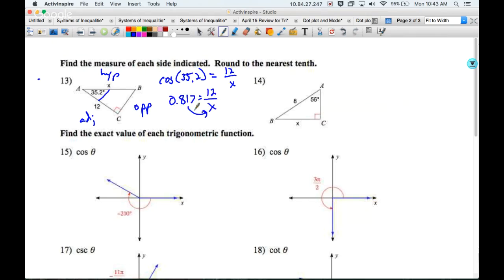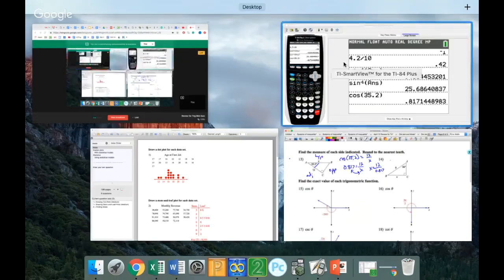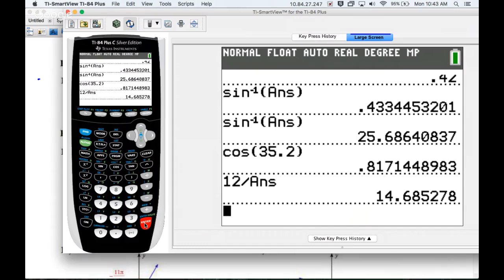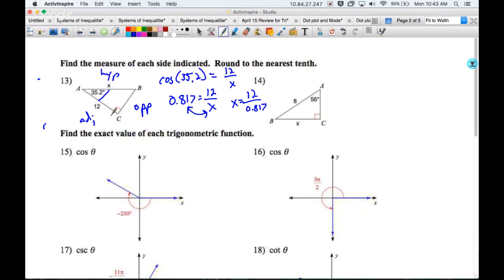Swap these two numbers, get that x equals 12 over 0.817. I've got that number still in my calculator, so I'll just do 12 divided by second answer. Preserve the precision there. I have 14.7 units. There's no unit given, so we'll just say 14.7 units of length.